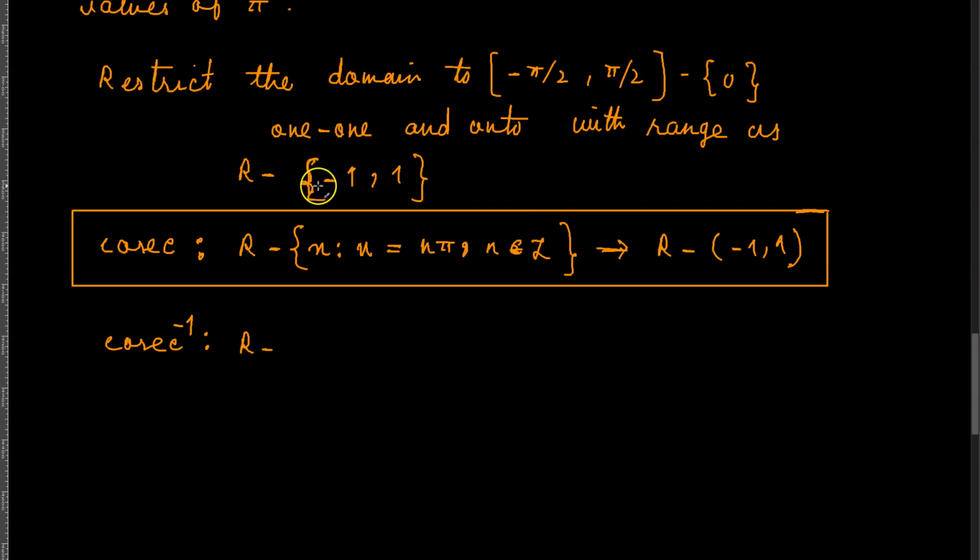Actually, I think I've made a mistake here. This is not supposed to be a set. This is supposed to be an interval, right? So then I have to write it as the interval -1, 1.